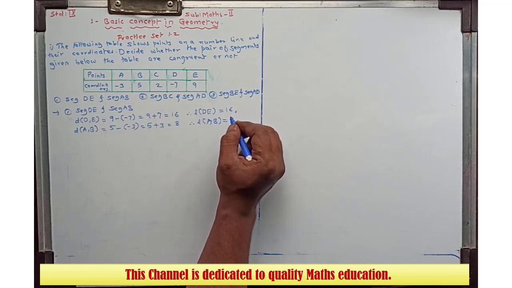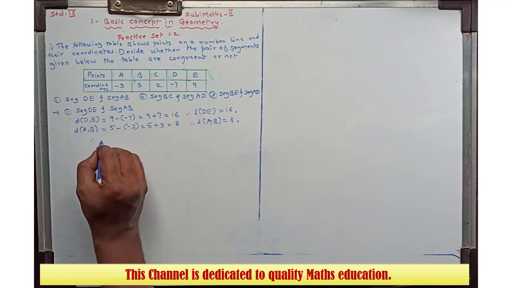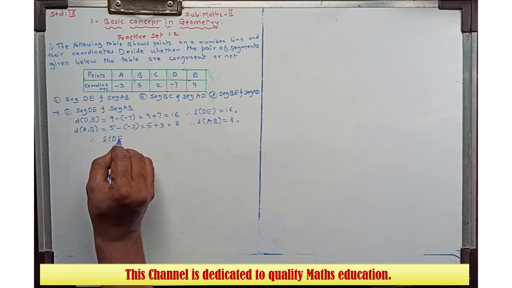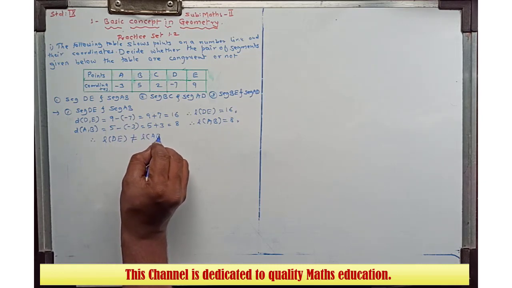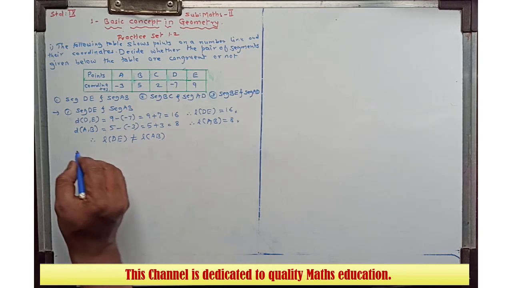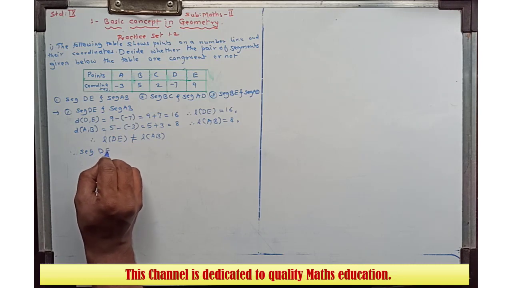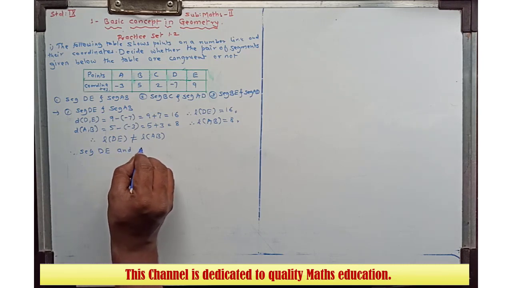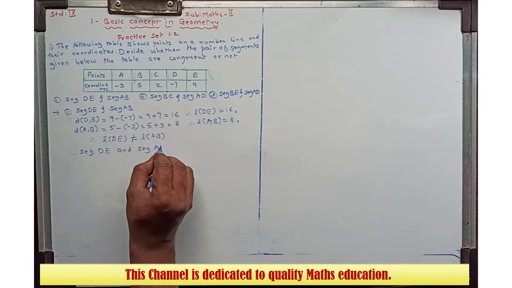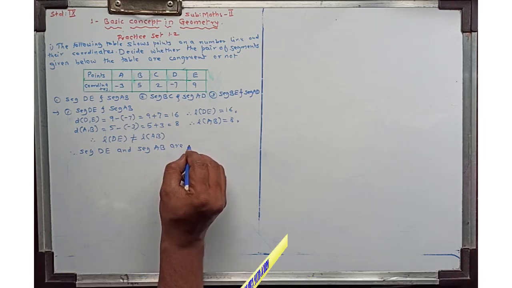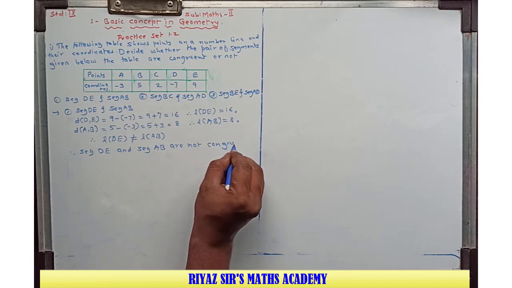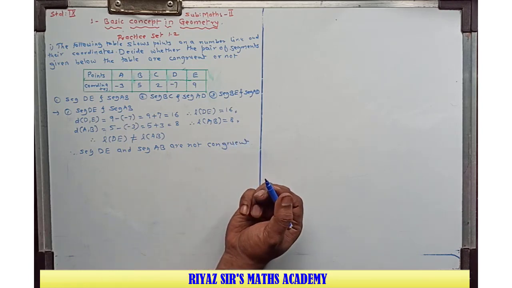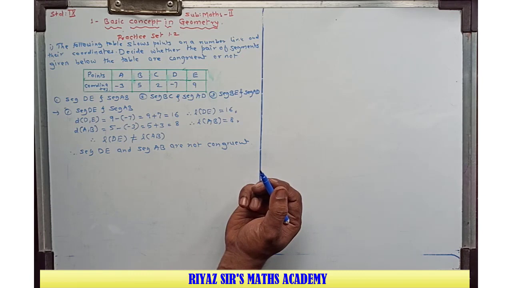No, it is not. So we write here, therefore length of DE is not equal to length of AB. Both are not equal, and therefore segment DE and segment AB are not congruent. In this way you have to solve this example.